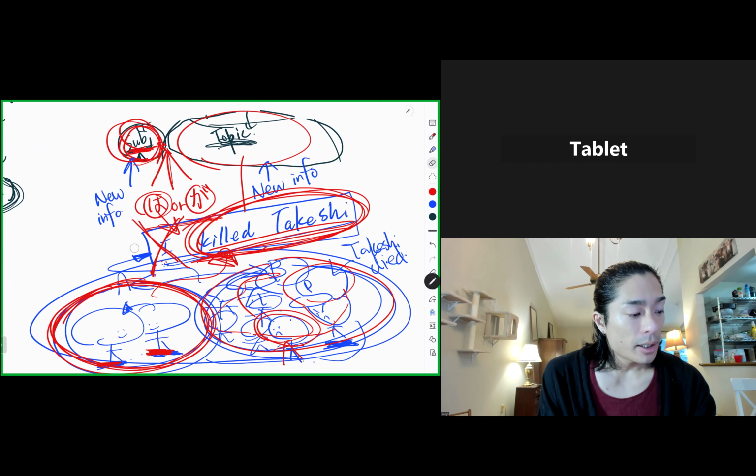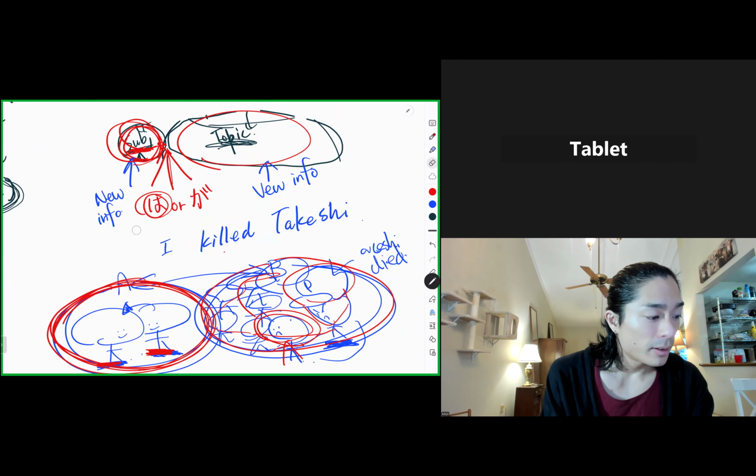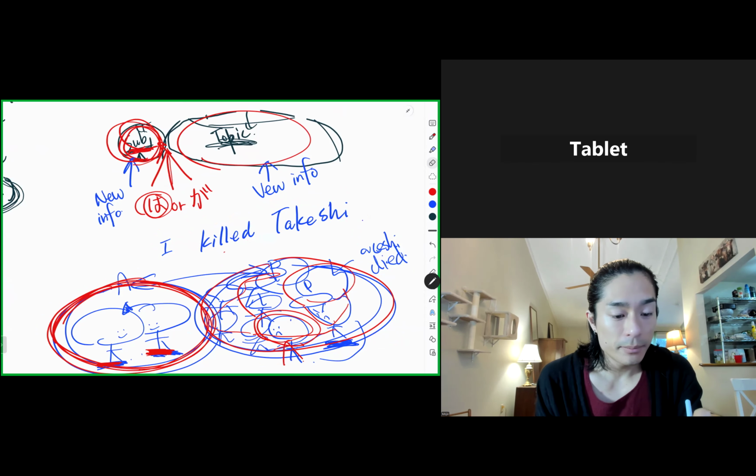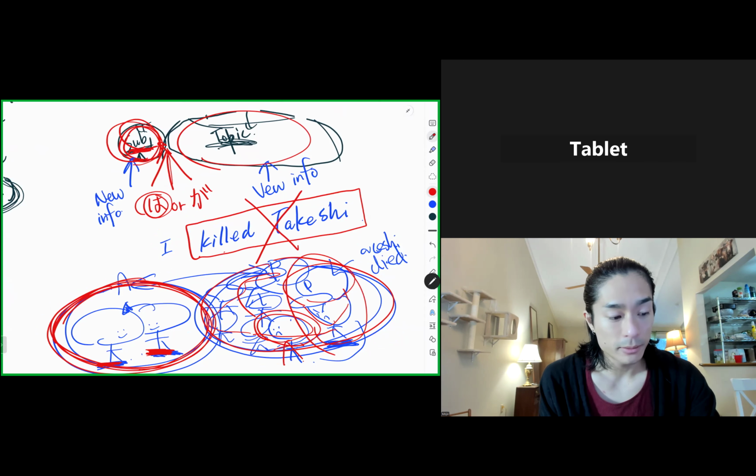in the case of situation B and the sentence I killed Takeshi, right? This information is not important. Like I said, police already knows that Takeshi is killed. What they don't know is here.